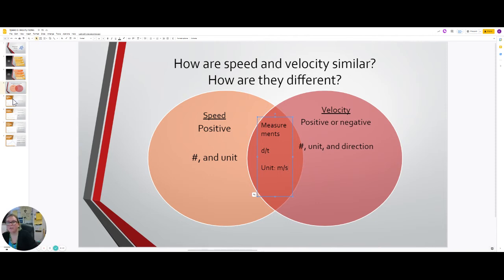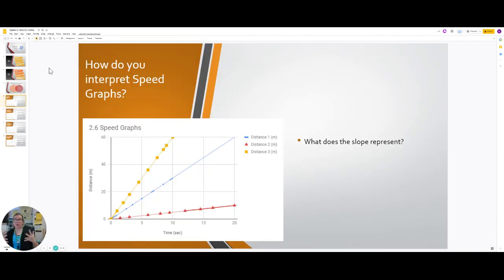So now we're going to take a look at what these look like on graphs. Speed graphs are going to have time on our x-axis and distance on our y, right? So we have distance divided by time, and that gives us our speed. What does the slope represent?